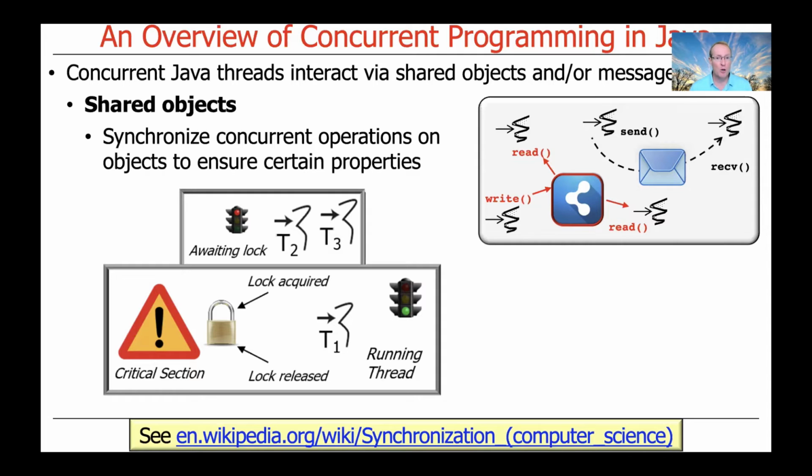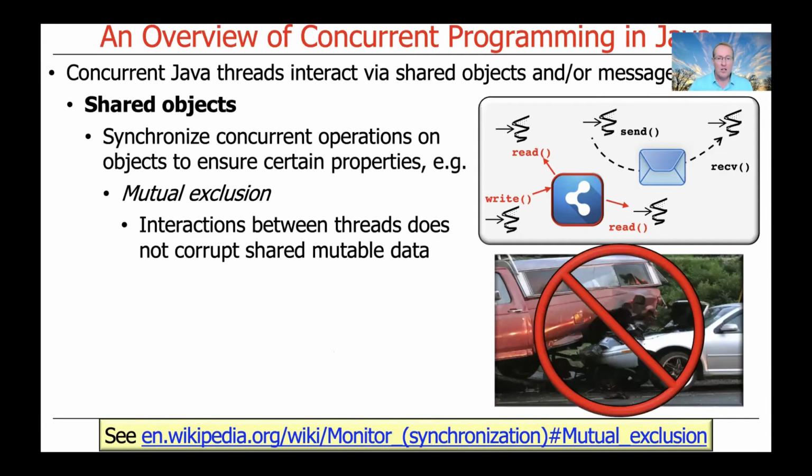Any shared mutable state that's accessed, read and written, for example, by multiple threads accessing that object, should not end up corrupted, causing weird problems like race conditions and other concurrency hazards. That's the concept of shared objects, and there's a whole pile of them. Mutual exclusion is one of the key themes, which says don't allow corruption of shared mutable state when multiple threads are trying to read and write it.